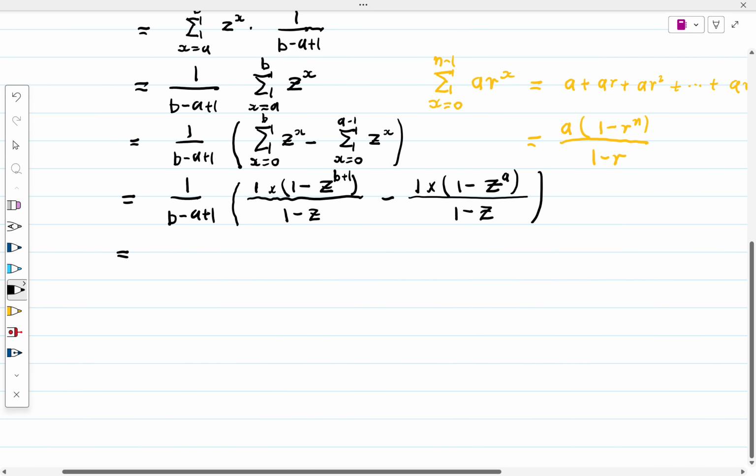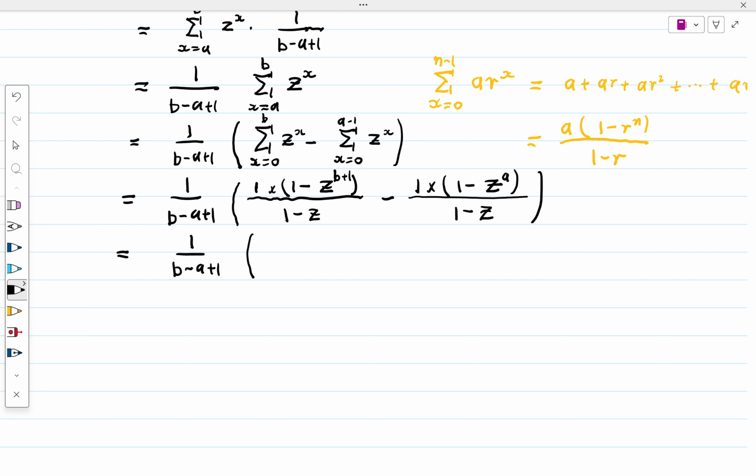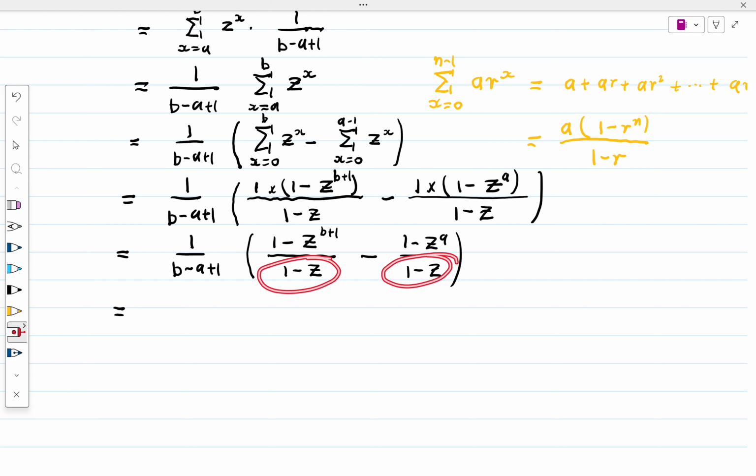And surely enough, we can now simplify this a little bit. So this becomes 1 on b minus a plus 1 of (1 minus z to the b plus 1) over (1 minus z) minus (1 minus z to the a) over (1 minus z). And of course, luckily enough, these two terms have the same denominator, so we can just add the numerators together.